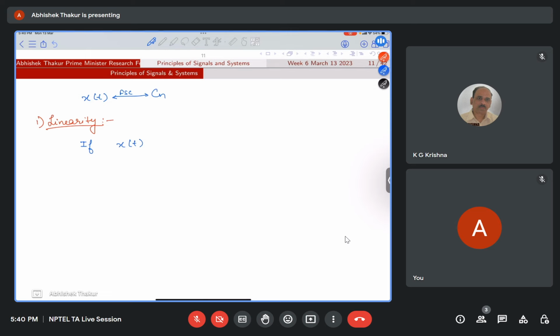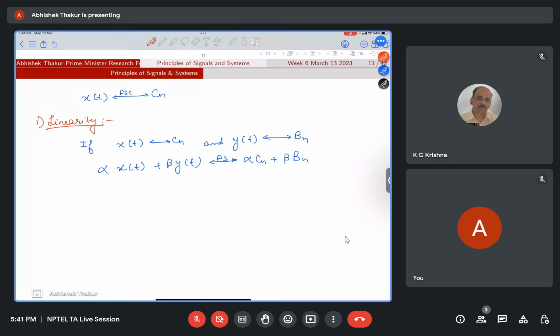If the Fourier series coefficient of xt is Cn, and the Fourier series coefficient of yt is, let's suppose, Bn, then the Fourier series coefficient of alpha xt plus beta yt will be alpha Cn plus beta Bn.